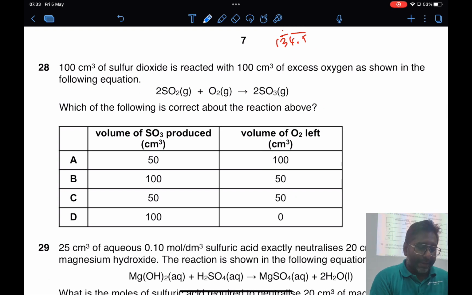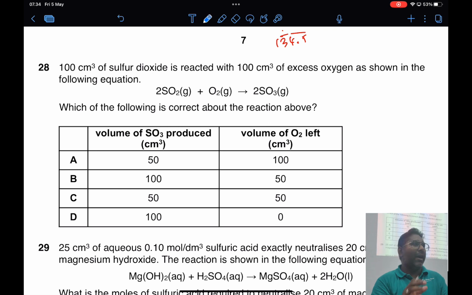Question number 28. Now, 100 cm cube of sulfur dioxide is reacted with 100 cm cube of excess oxygen in the equation shown below. This reaction is very special. Why is this reaction very special? Because all of them are in gaseous form.